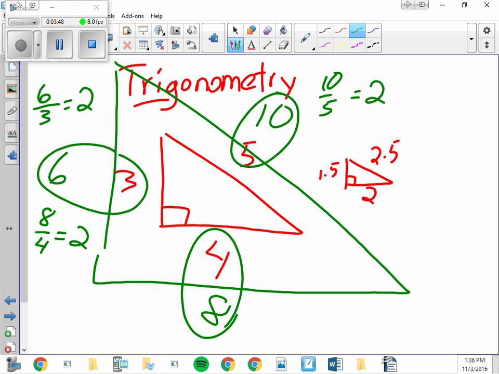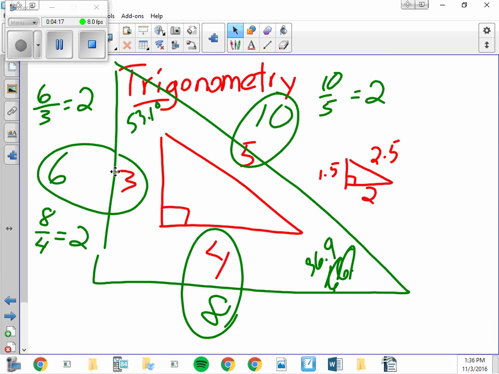So, let me do a quick calculation. One of these angles is 53 degrees. So this one is 53.1 degrees. And the little one happens to be 36.9 degrees.